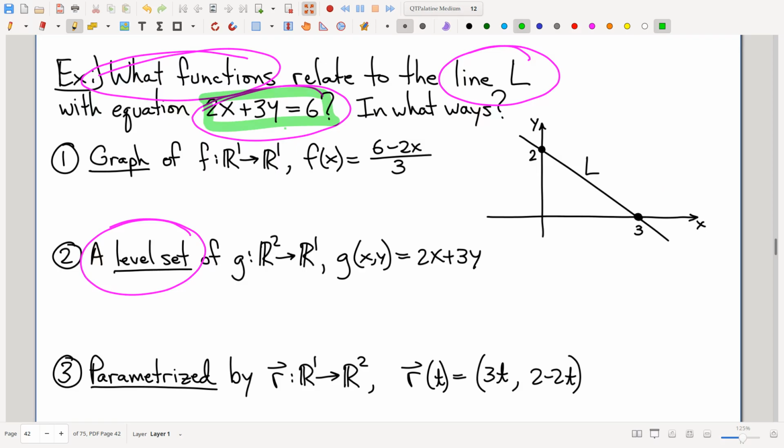That's not a function. That's an equation. Question wanted a function. This is the equation that you get by taking a level set of a function. I didn't ask for the equation of the level set. I asked for what is the function whose level set is this equation. So it's different, right? It's not the same thing.